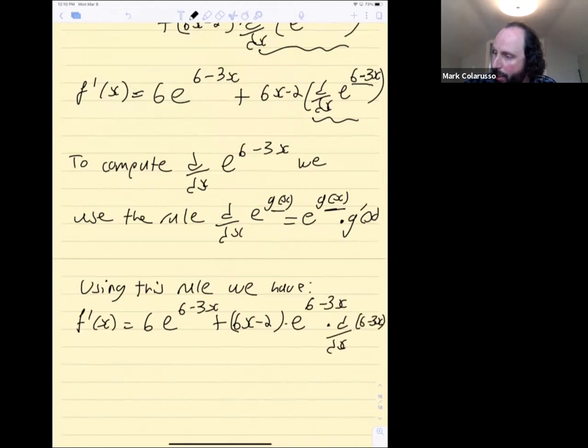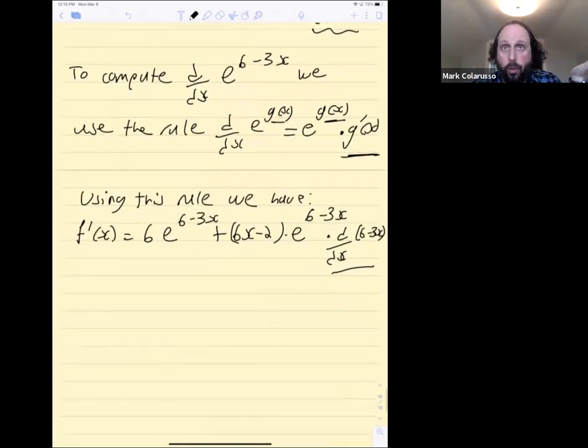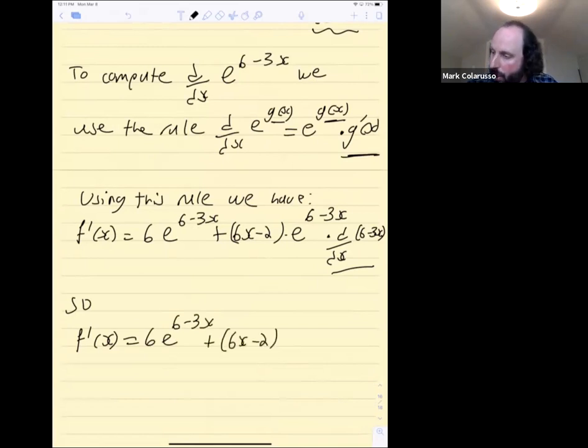The derivative of g, right, is just the derivative of 6 minus 3x. Okay, so we can just do one more derivative and we're done. So f prime at x is 6 e to the 6 minus 3x plus 6x minus 2 times e to the 6 minus 3x times the derivative of 6 minus 3x, which is just minus 3.